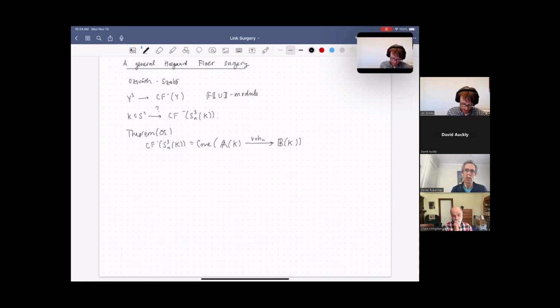The important thing is that these complexes A and B are typically more computable than the CF minus of the Dehn surgery.